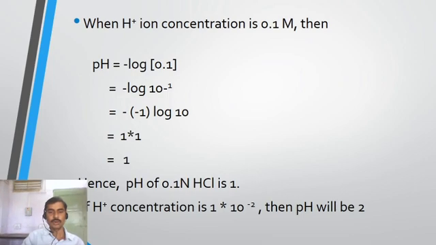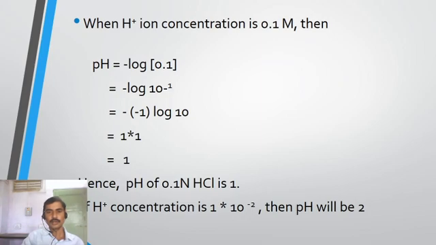Strong acid produces more ions after dissociation, while weak acid produces fewer ions after dissociation, and this ionization property is responsible for determining the pH of acids.